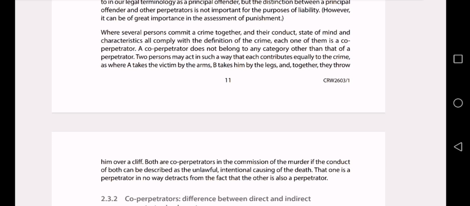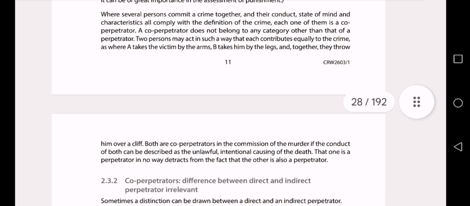Both are co-perpetrators in the commission of the murder if the conduct of both can be described as unlawful intentional causing of the death. That one is a perpetrator in no way detracts from the fact that the other is a perpetrator.